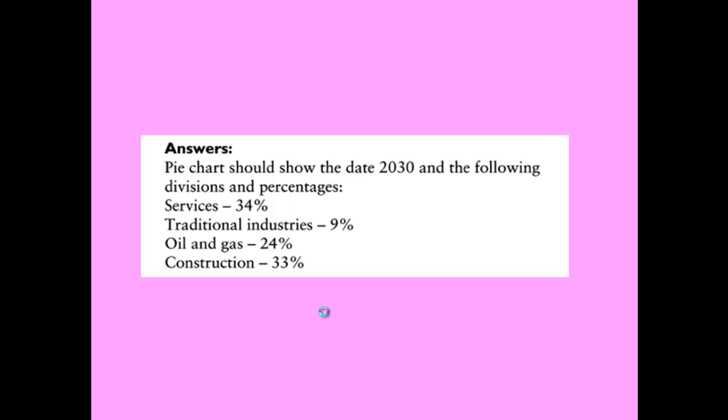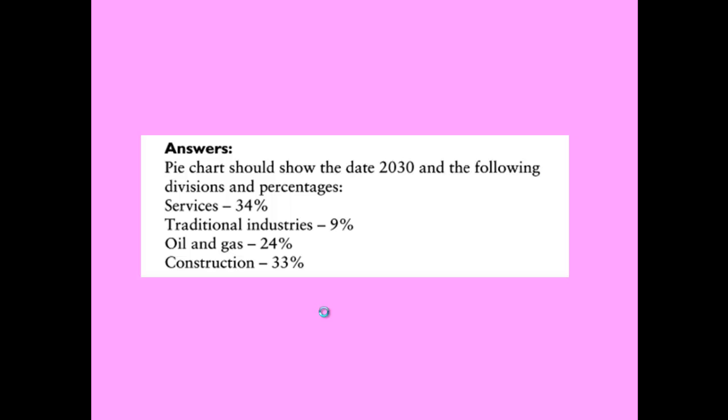Pie chart should show the date 2030 because all the text the Professor was talking about this date, I mean 2030. So here this pie chart should show the date 2030, and the following divisions and percentages will be as follows.